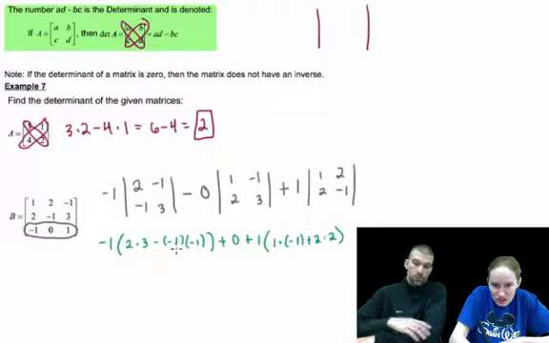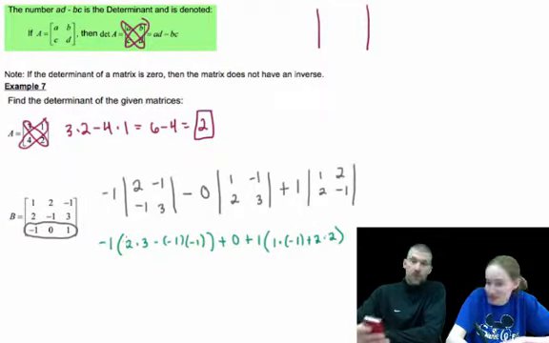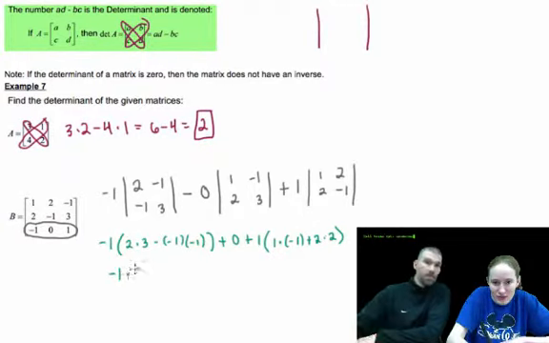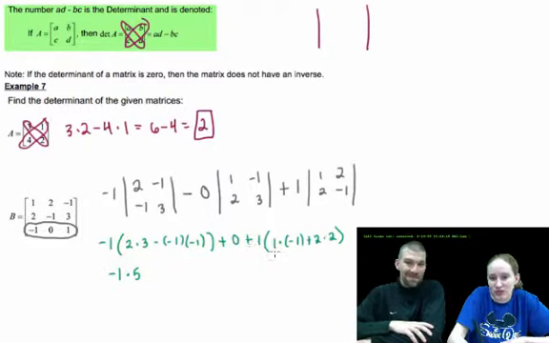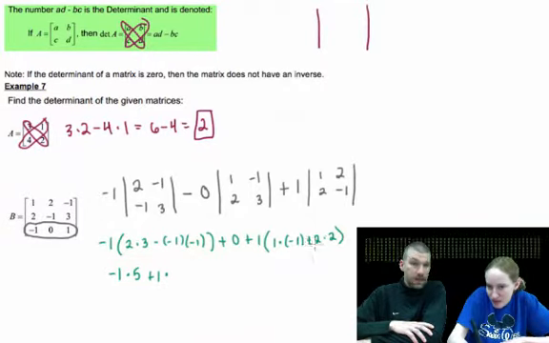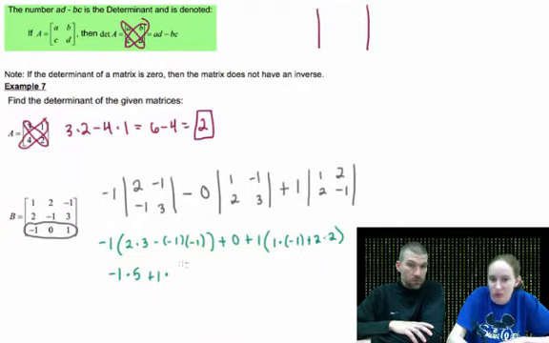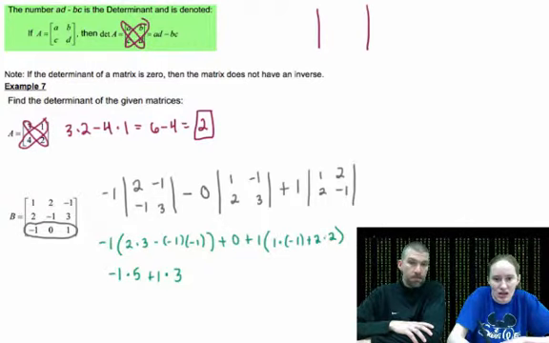So 6 minus 1 is 5. This is 1 times -1, -1 plus 4, which is 3. And so that gives us -5 plus 3, which is -2.